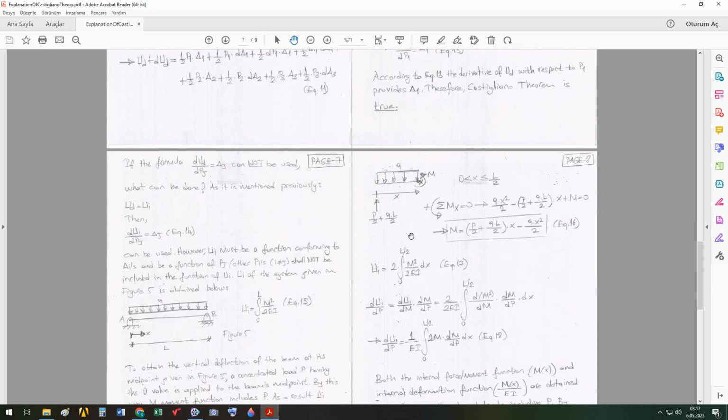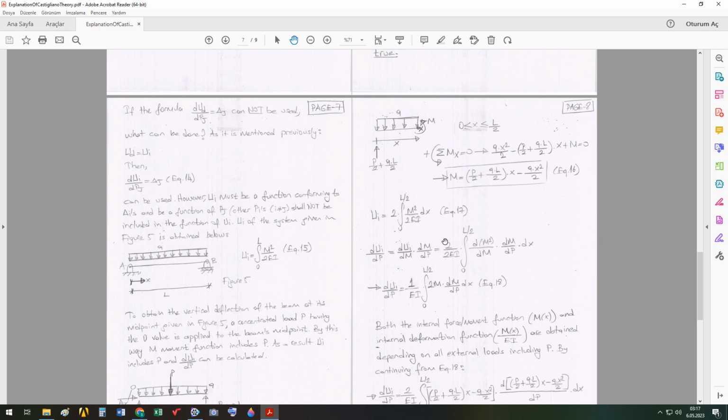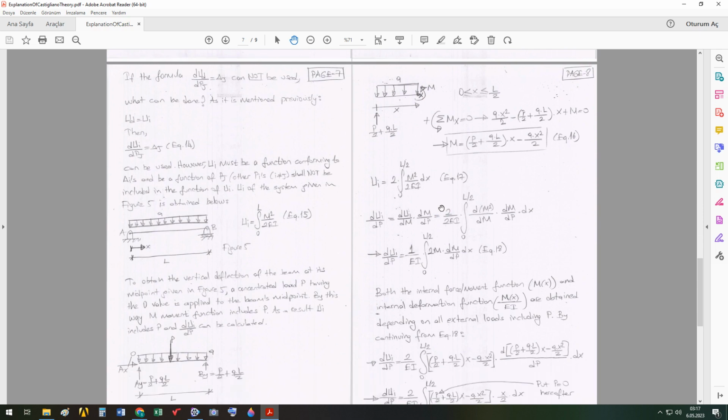This was another way of proving that the Castigliano theorem is correct. But in this way, it cannot be used. Why? We have mentioned previously.